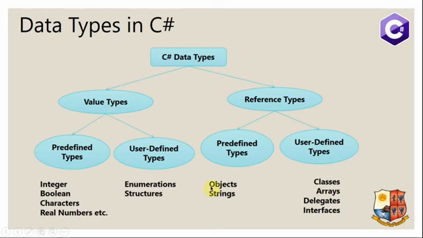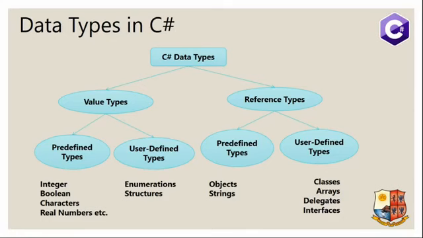What about objects which I create? What about string which we use? Those are all predefined reference types. And classes, arrays, delegates, interfaces, whatever we create here, they all are user defined reference types. So these are data types in C Sharp. Please do remember this, it is very important for theory as well as for your practicals.